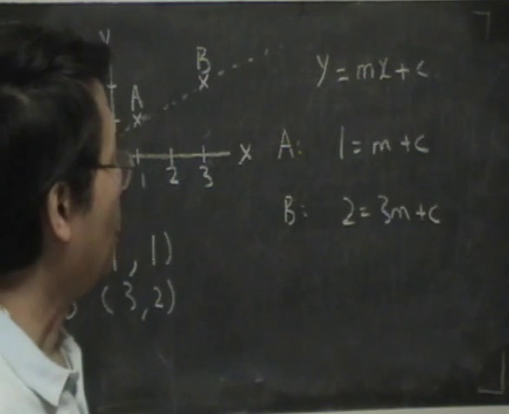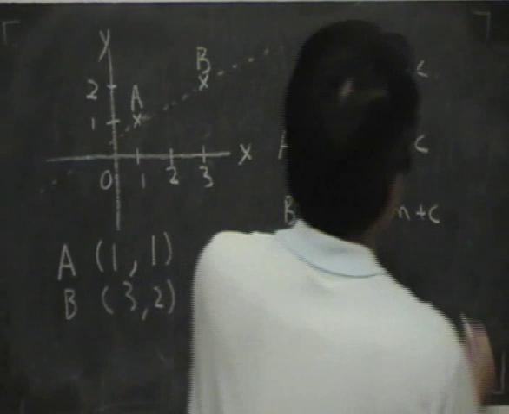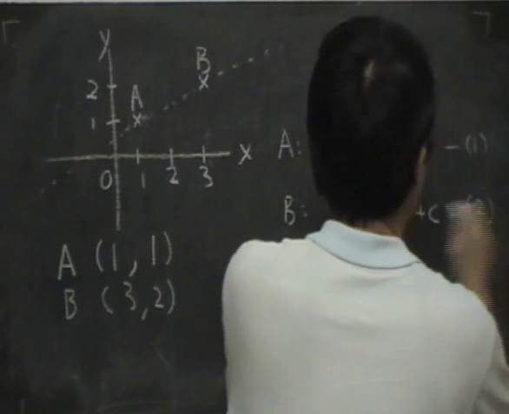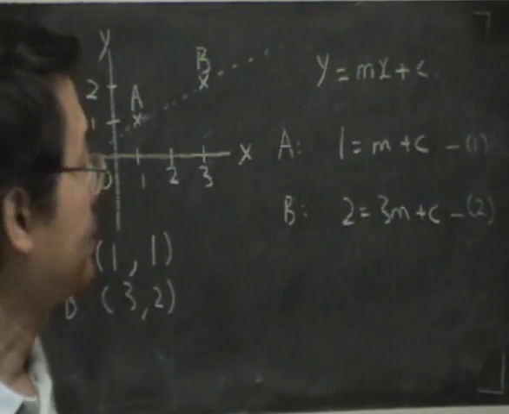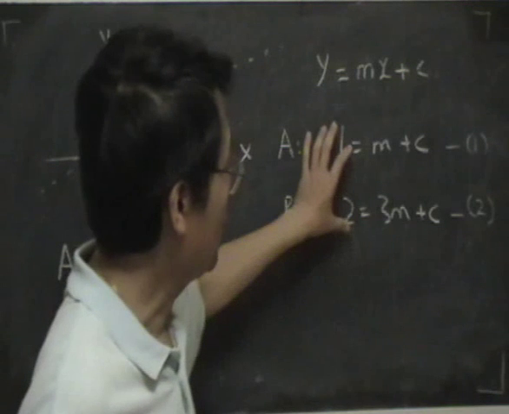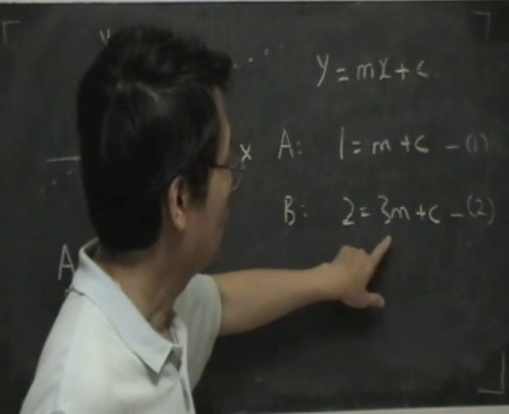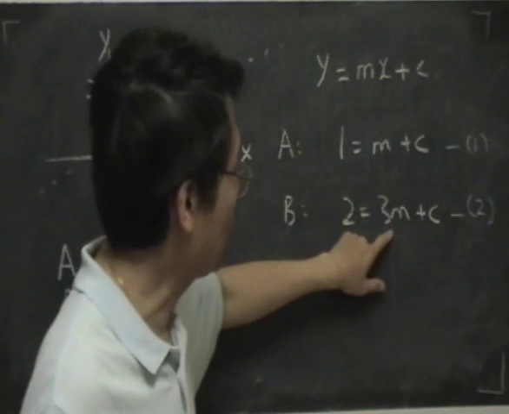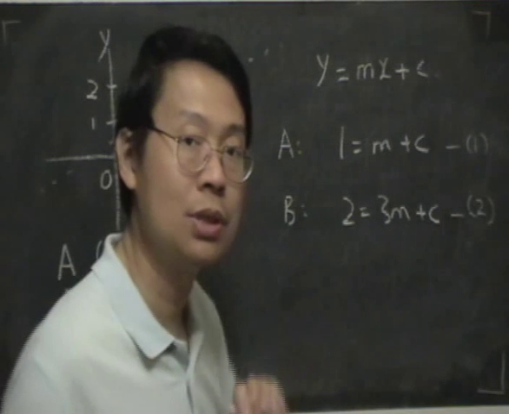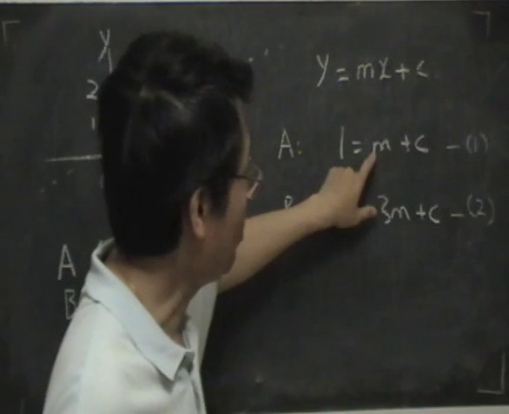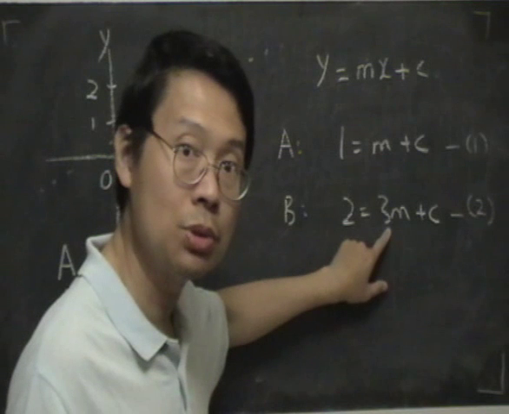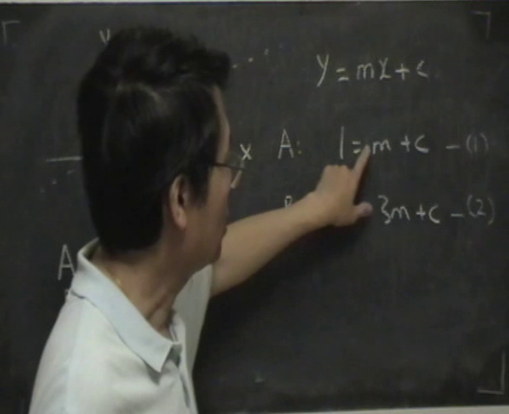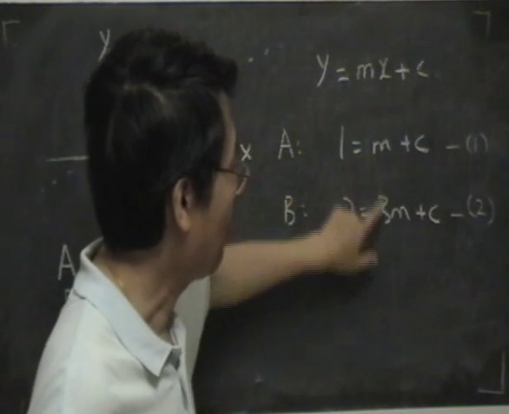Okay, so how do we solve this? Let me call this equation 1 and equation 2. The way to solve it is to look at the 2 equations and compare the unknowns. So I have m here and 3m here, I have c here and c here. So the idea is to pick out one of the unknowns, like m, and look at the number that multiplies the m.